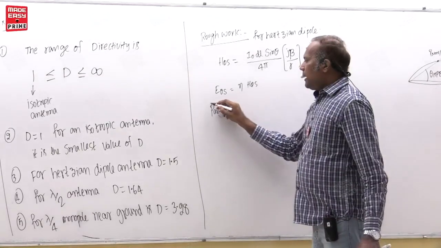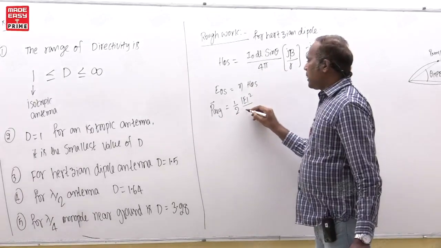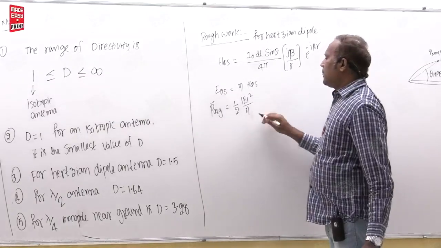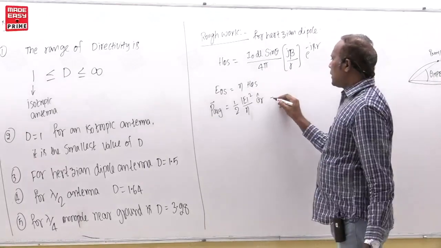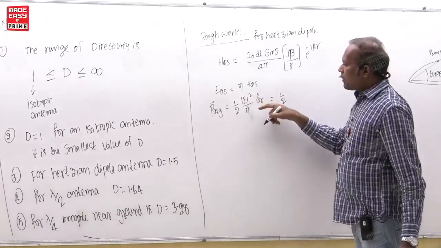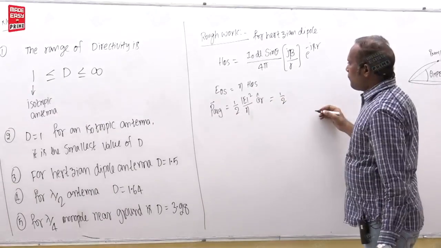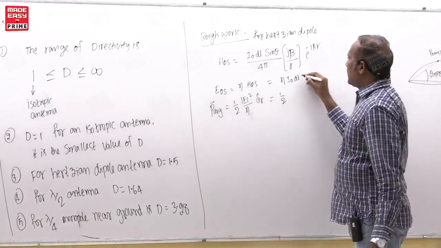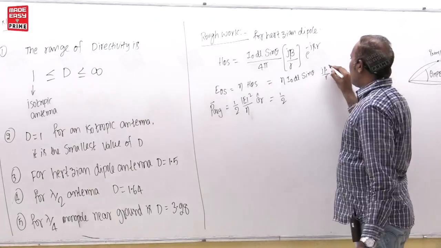Then the average Poynting vector is half into modulus of E square into eta naught, or otherwise eta, multiplied with a_r cap. That is half into modulus of the electric field whole square, where the electric field value is eta into I naught dl multiplied with sin theta e^(j beta) divided by r.